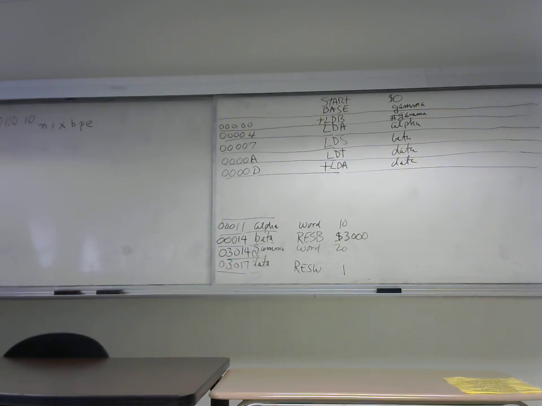What's the N bit? Indirect. What is indirect? There's an address at that location. Is there an address at that location? No, there isn't, so it's not indirect. What about immediate? Yes, it is immediate.